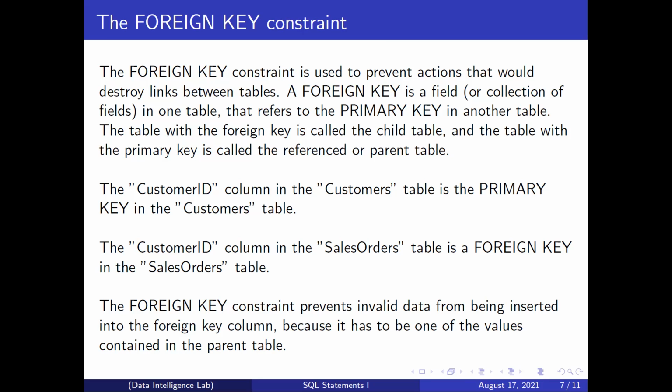But you want to know the sales made by the customers. So in your sales table, you are going to include the primary key of your customer table, which is the customer ID. So you can see your sales orders table will contain a customer ID column, right? The customer ID column in your sales orders table becomes a foreign key to the customer table.